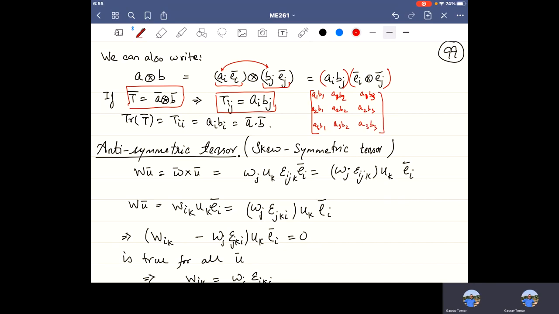So that's how this tensor would look like. This is a rank 1 matrix that you have.